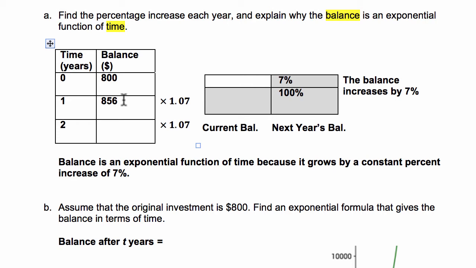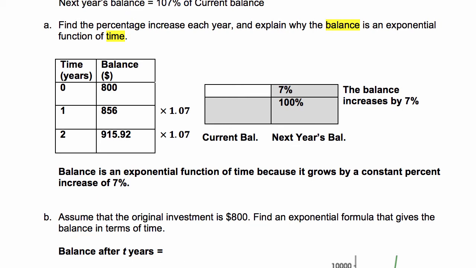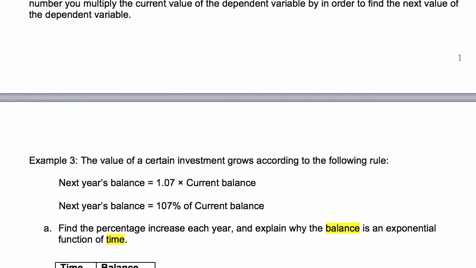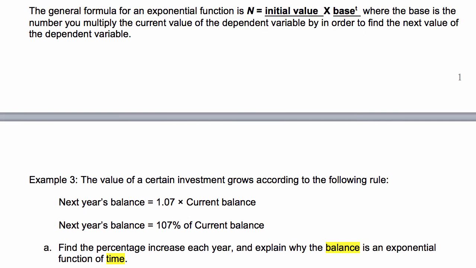The result is $856. Now we can multiply the current balance by 1.07 again to get to next year's balance. We get $915.92.